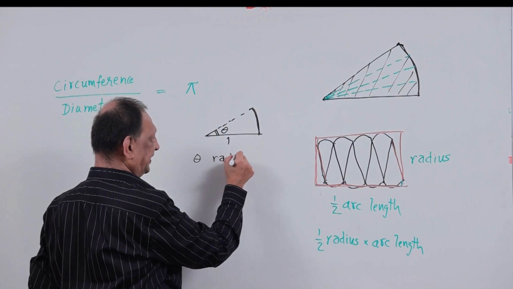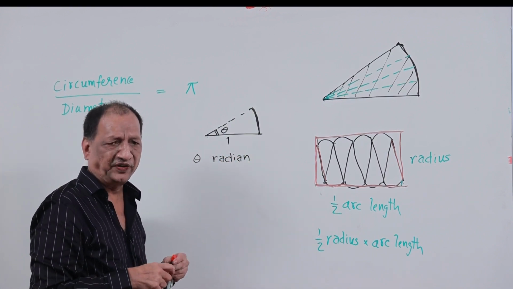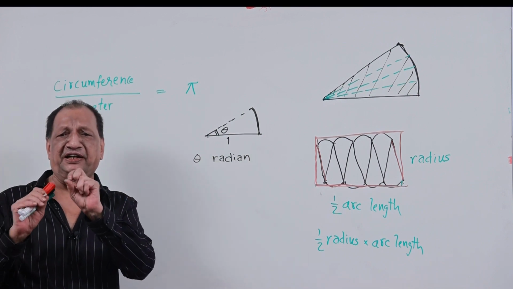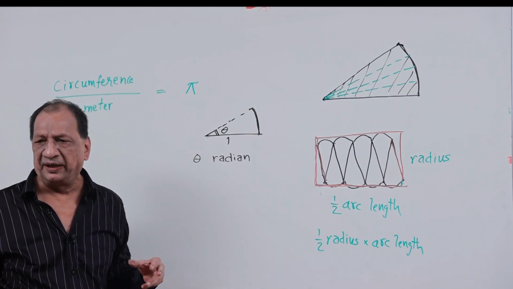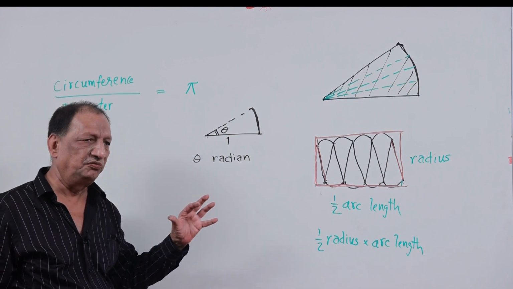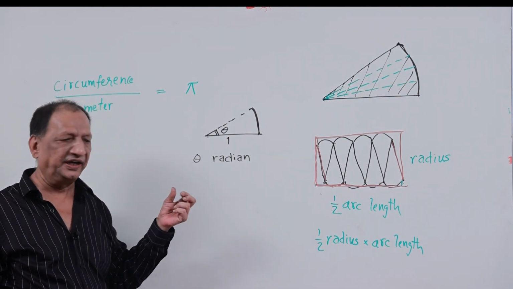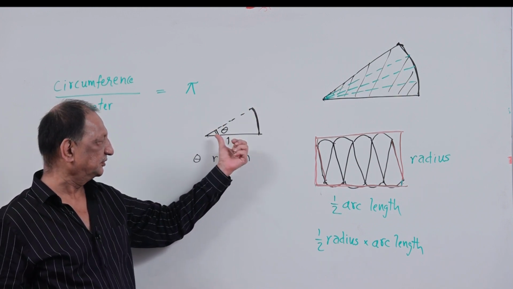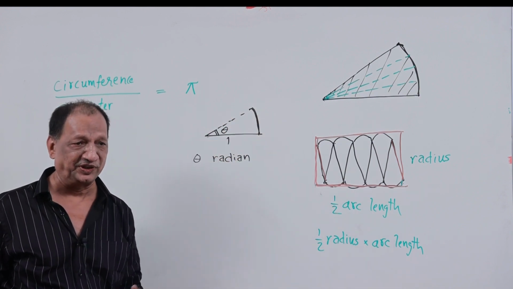That is known as a radian. Radian measurement for angle. We were using degrees so far. Degrees is good to write on paper, saying 90 degrees, 180 degrees and so on. But if you want to use it in calculations, we have to represent it as a number. Degree is not good for that purpose, so they use radians. And what is the radian? Radian measure of an angle is actually the arc length of a unit radius circle. That is known as that.